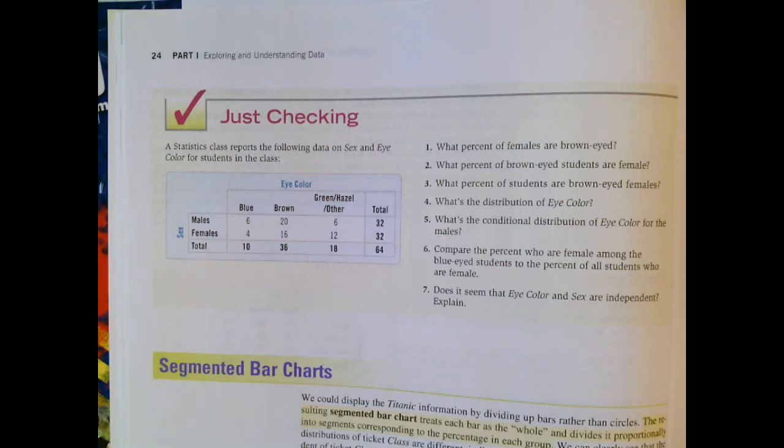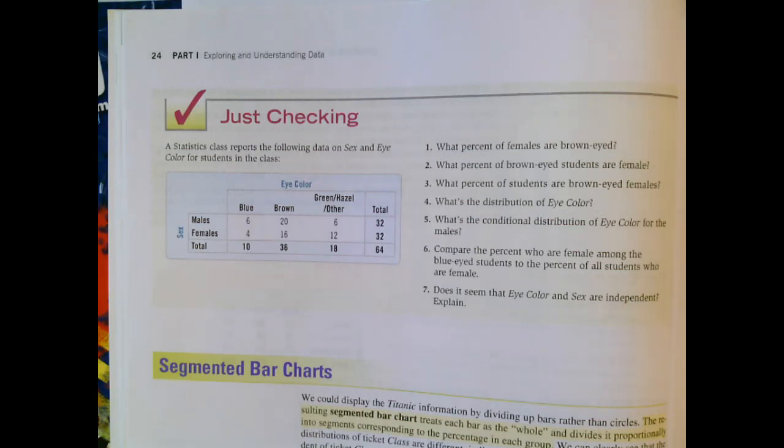We're looking at all the columns. Eye color, eye color, eye color. And it wants the conditional distribution. So it wants the percentages of all of those. So blue is 10 out of 64, which is 15.625, so it's 15.6%. And you can add that below the total for the column.